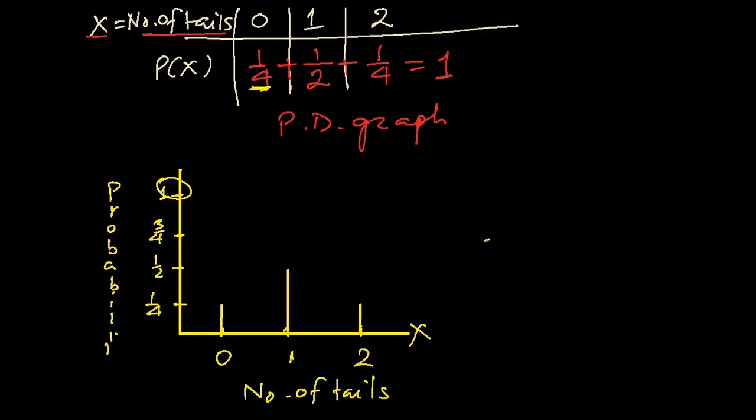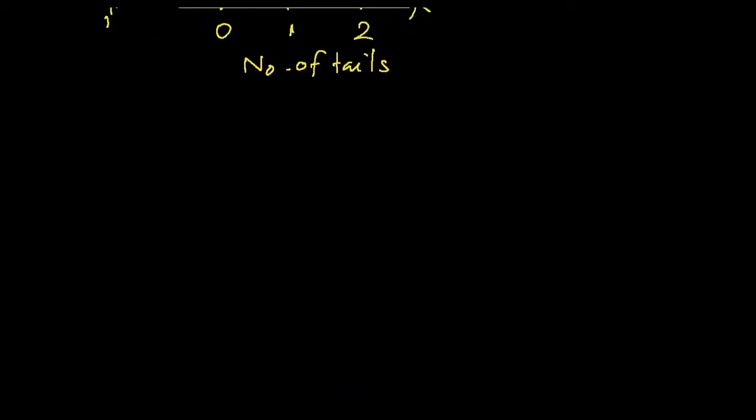Let's move on to another example which is a little different from this. So we roll a die. If the number is even, the score is halved.